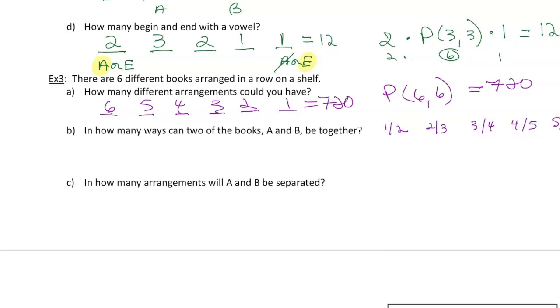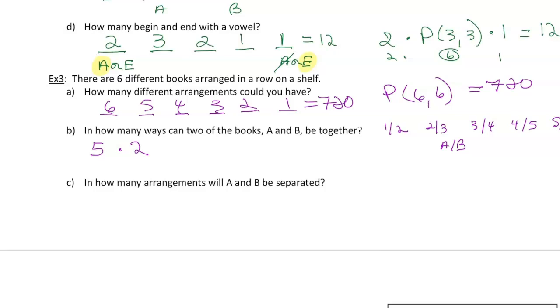So that's arranging them as A, B. But then can't you also arrange them as BA and do it in those same spots? So I have 5 ways to arrange them times 2 other ways if I just reverse it. So that's 10 ways to have A and B together.